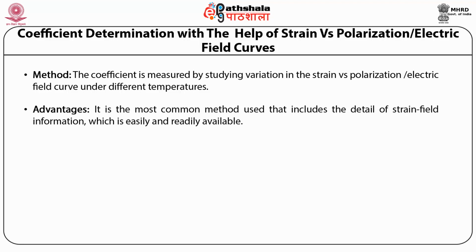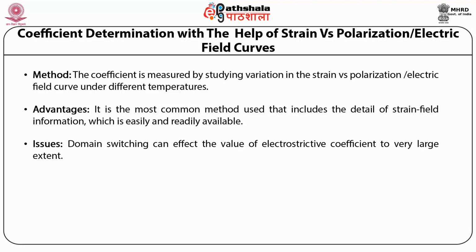Now, the advantage is that it is the most common method used, and the strain field information is easily and readily available. But the basic issue with this method is that domain switching can affect the value of the electrostrictive coefficients to a very large extent.